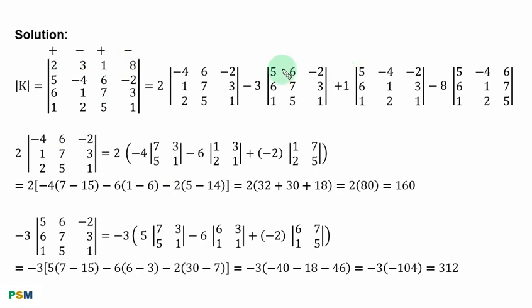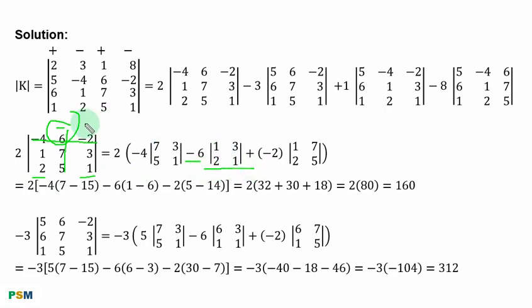The cofactor sign is negative, so you have -6 written in this form. Then you cover first row, second column. You are left with this and this, another 2 by 2 minor matrix.